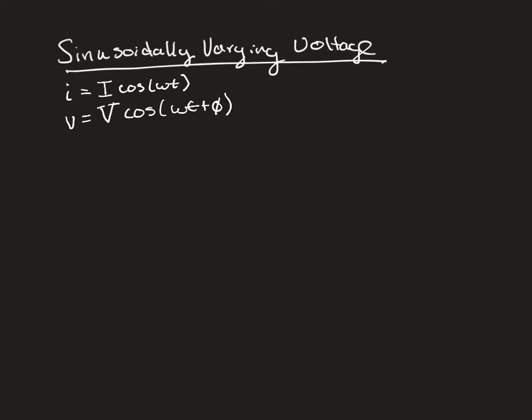So we would have learned in 151 that the angular frequency is equal to 2 pi times the frequency, and typical frequencies for household circuits is 60 hertz in the US and 50 hertz in the rest of the world.